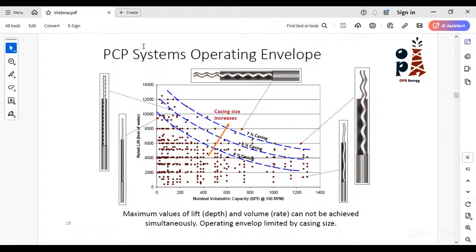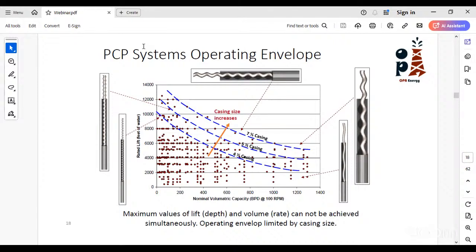So we will have in the course a dedicated section for the different kinds of concerns that we face in the PCP design. For example, the sand control, the sand content production, the gas production, how we can troubleshoot, how we can operate, and how we can choose the best rotor stator configuration to fit this application even before deploying the system in your well.